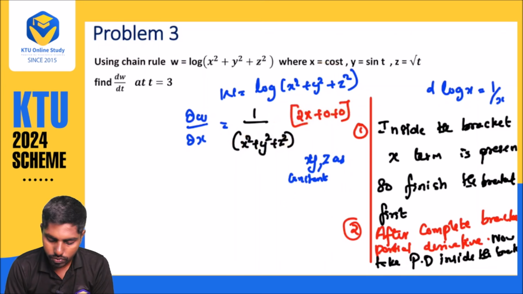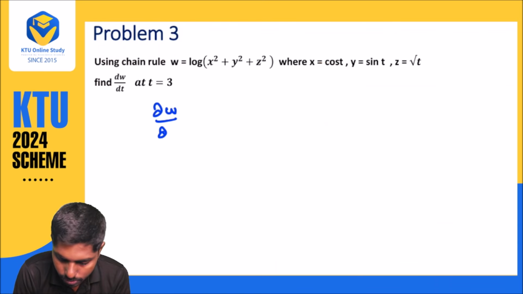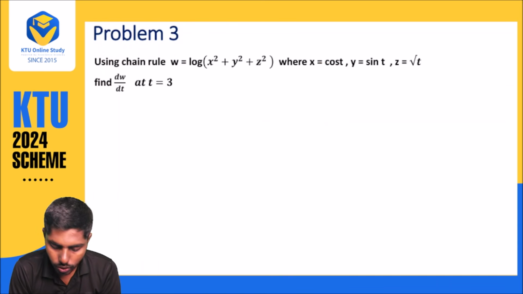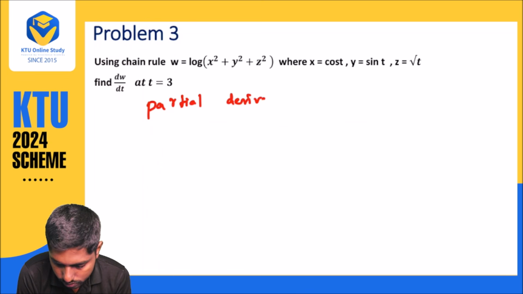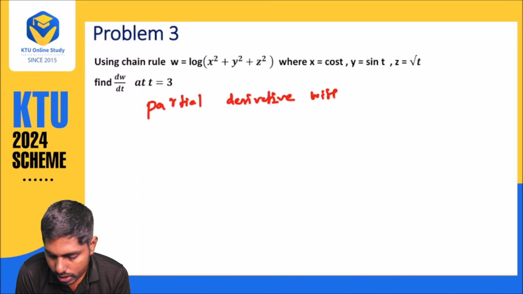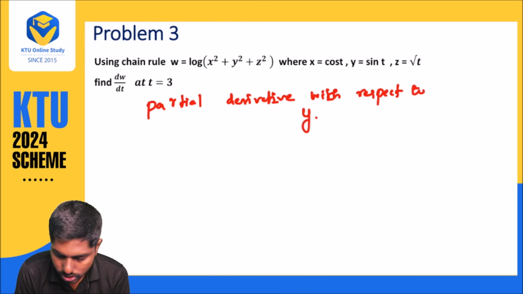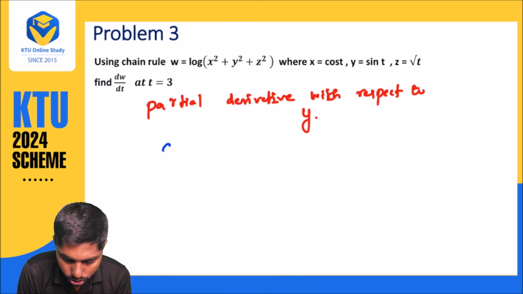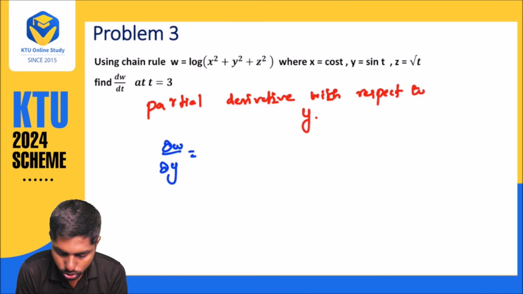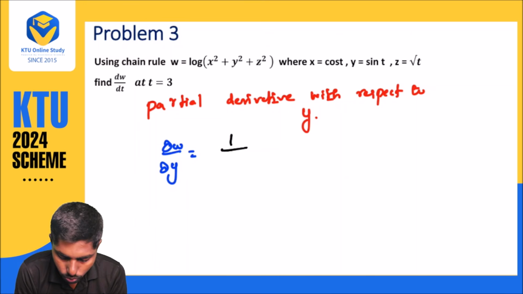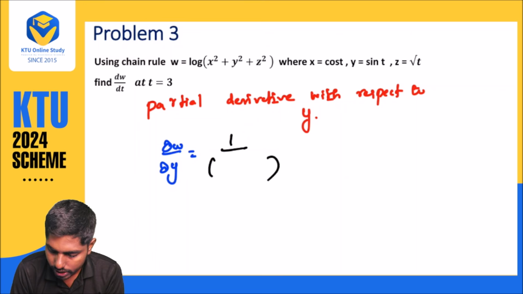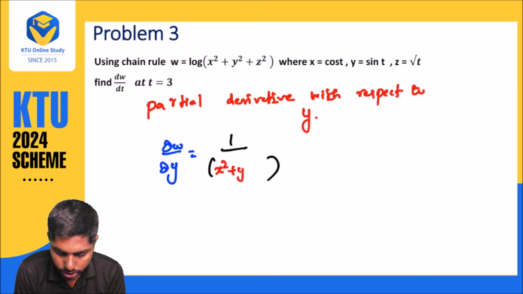Similarly we are going to do the same for y. The partial derivative with respect to y, that is ∂w/∂y. First complete the bracket: differentiating log gives 1 divided by the bracket, x² + y² + z².